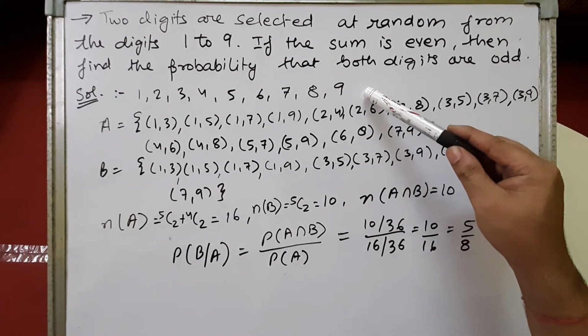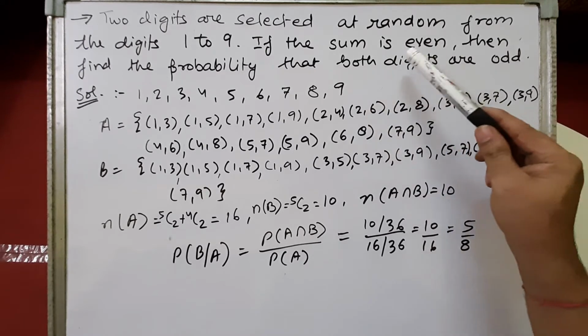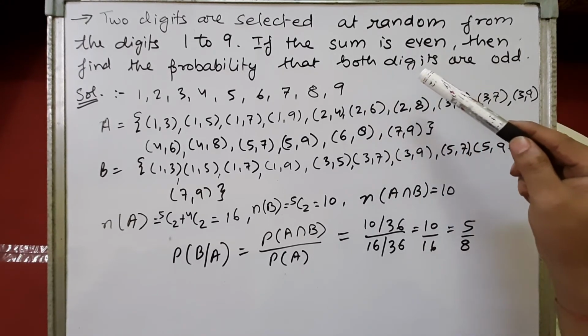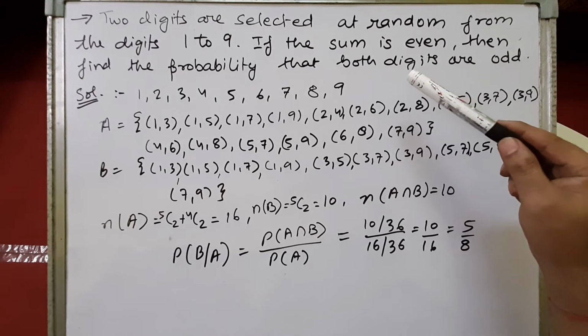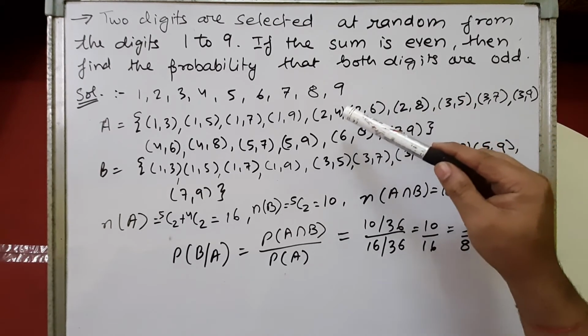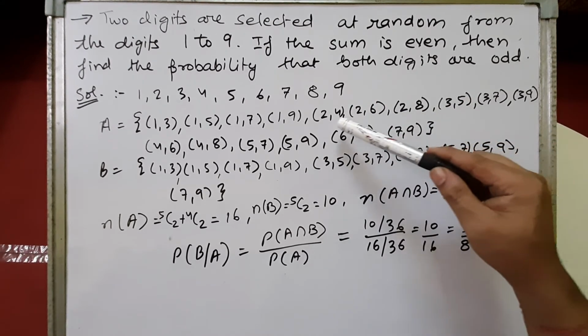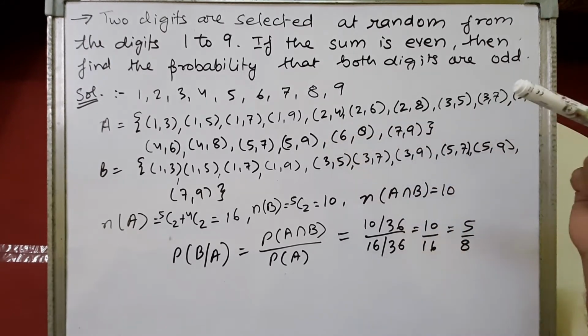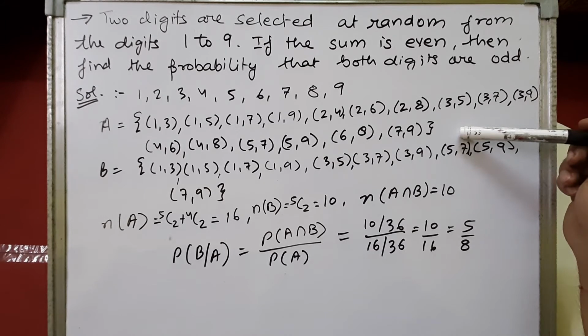9 digits we have. Now when we have to get an even sum, then if the first digit is odd, then the second digit will also be odd to obtain an even sum. And if the first digit is even, then the second digit will also be even, because then only the sum could be an even number. So these many are the favorable events that can be a part of set A, right?